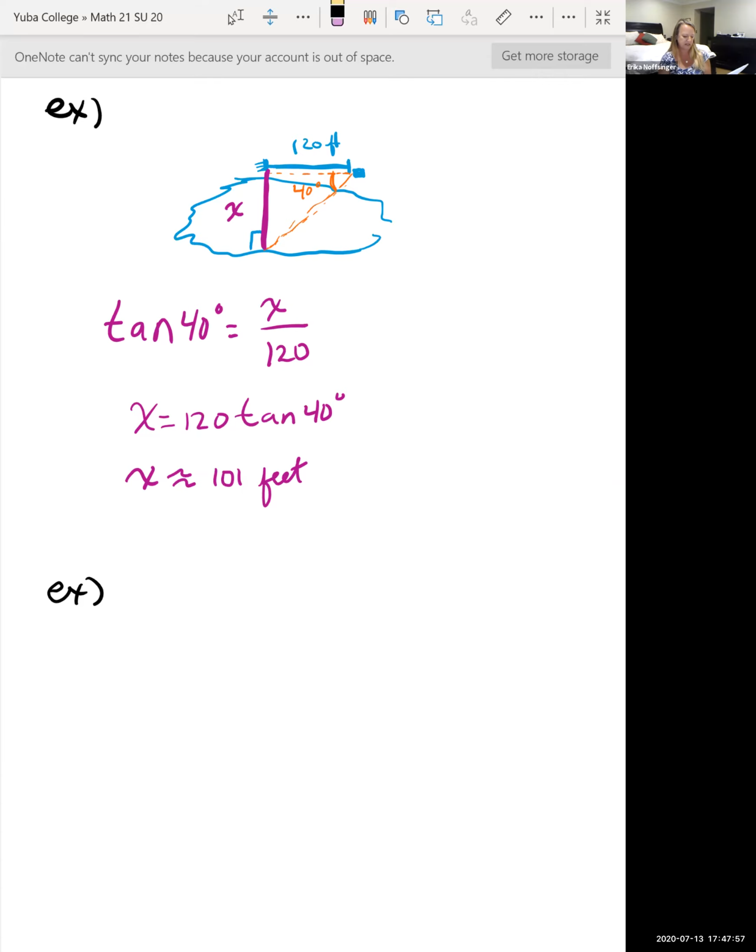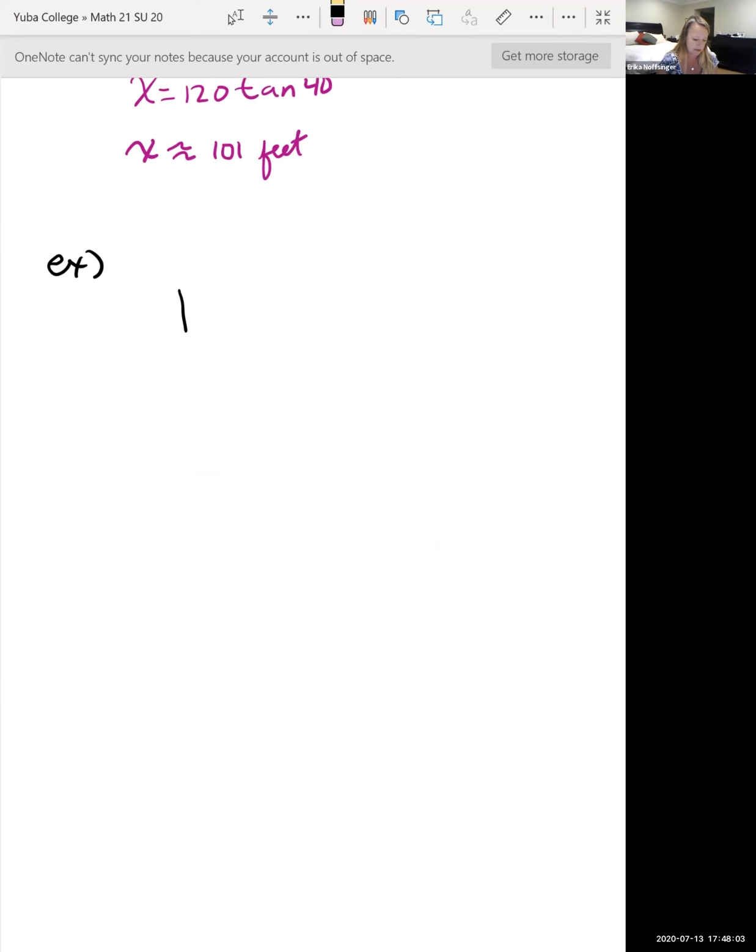Give the answer to the nearest tenth of a foot. Okay, so we got some antenna, radio transmission tower, and it's 150 feet tall.